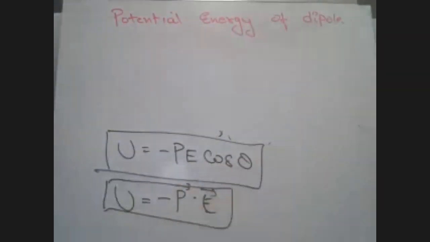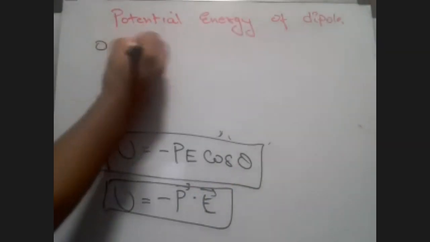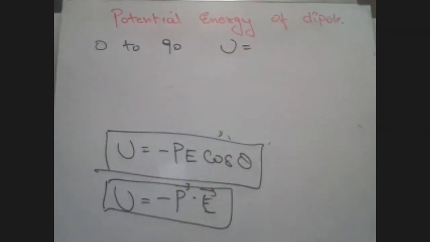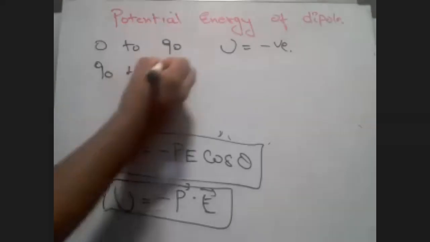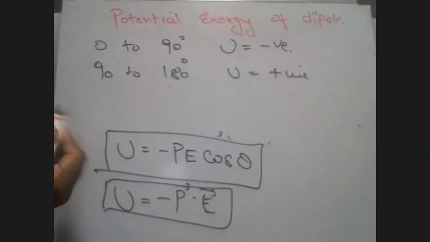Now since we know these two cases, let's expand them. What is going to be the character of potential energy between 0 and 90 degrees? Will it be positive or negative? Think and tell me. Negative. And from 90 to 180 degrees, U is going to be positive. Remember this, it is important.